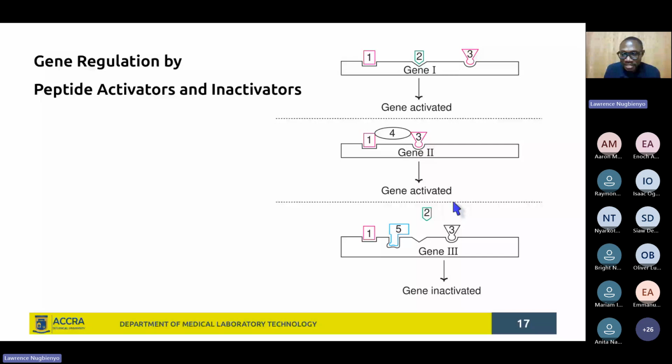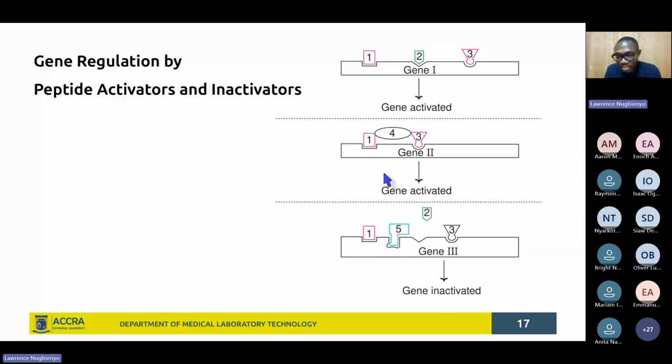But the third protein, which is numbered 4, only comes to link these 2 proteins that are interacting directly with the gene, and that can result in activation of the gene. Which means if you don't have protein number 4, which comes to link 1 and 3, the gene is not going to be activated. So there are different ways that you can have peptides interacting with nucleic acids to activate them.